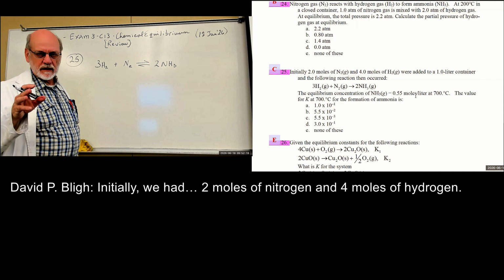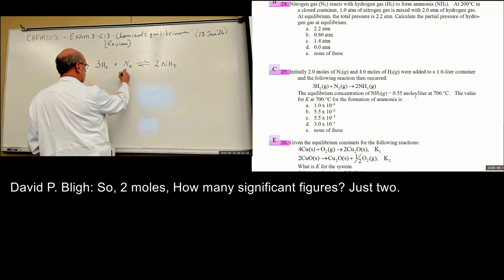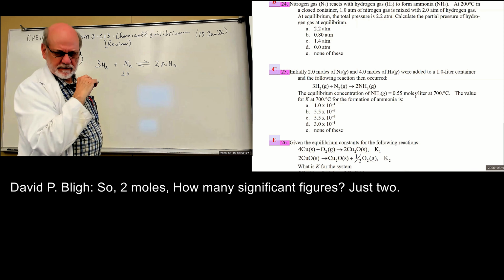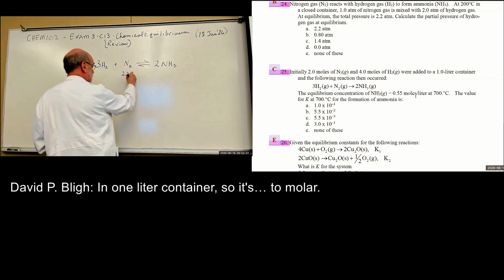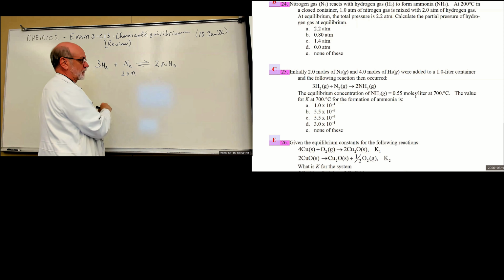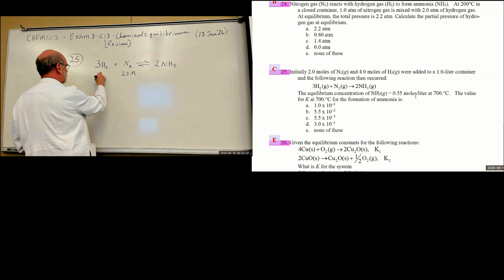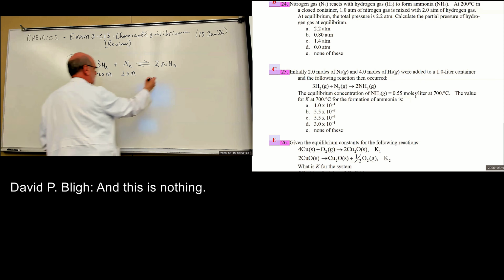Initially, we had 2 moles of nitrogen and 4 moles of hydrogen. How many significant figures? Just 2. In a 1-liter container, so it's 2 molar, and then hydrogen is 4 molar. And this is nothing.